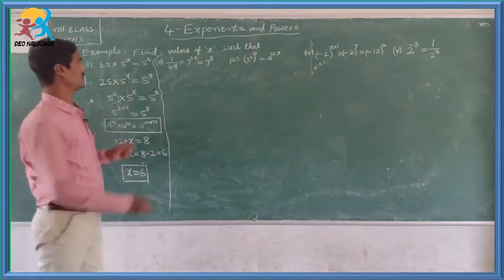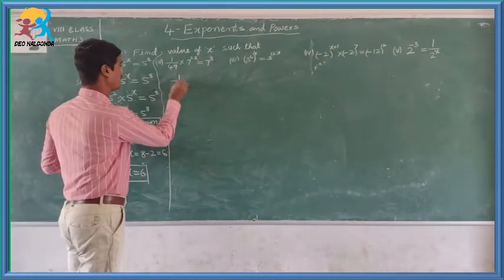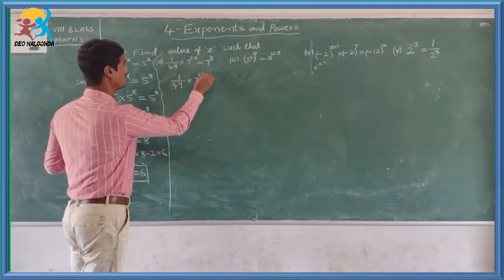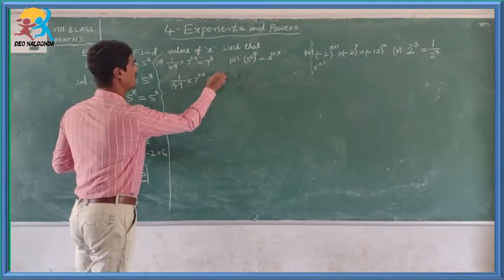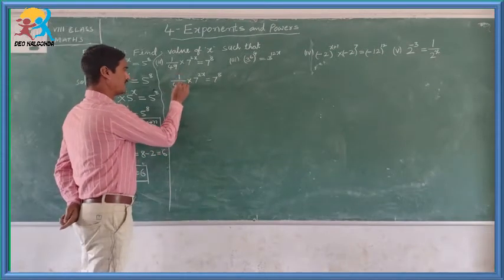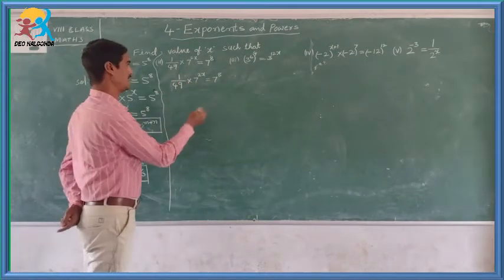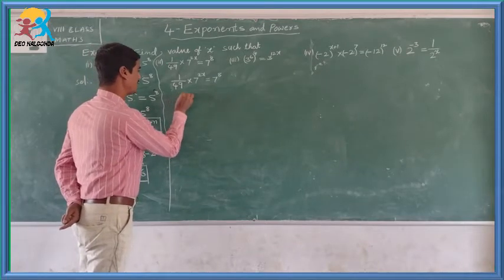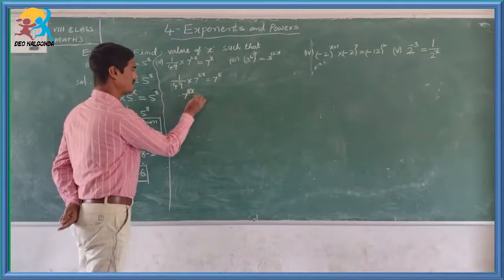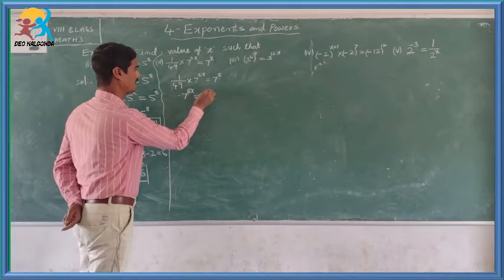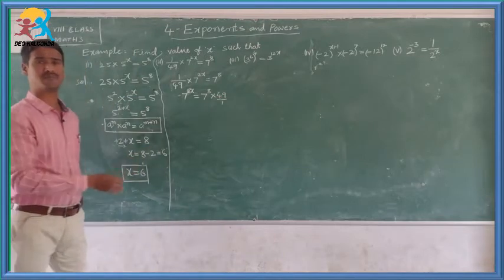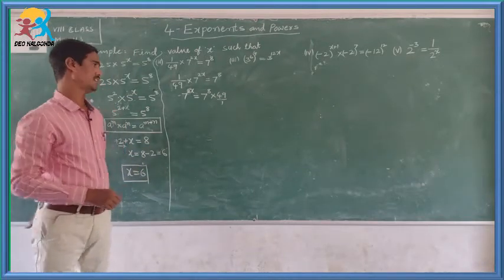Here he has given 1 by 49 into 7 to the power of 2x equal to 7 to the power of 8. Dear children, now transfer 1 by 49 to the right side. Then 7 power 2x is equal to 7 power 8 into 49 by 1. 49 by 1 is nothing but 49 only.